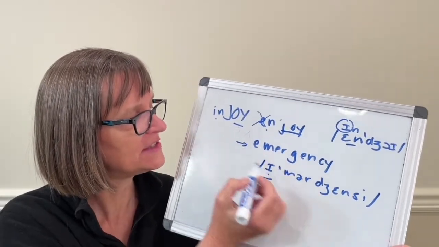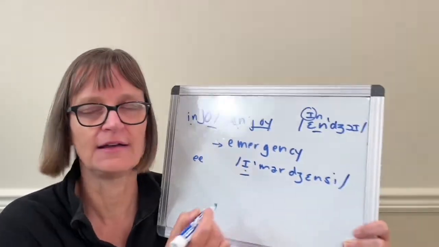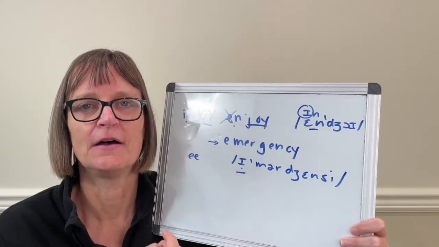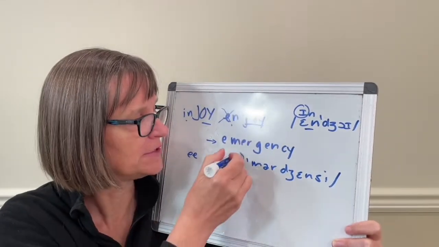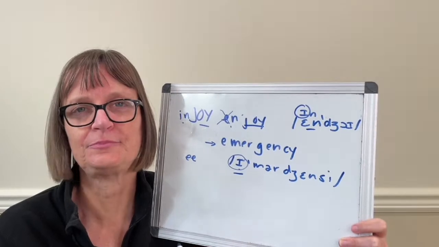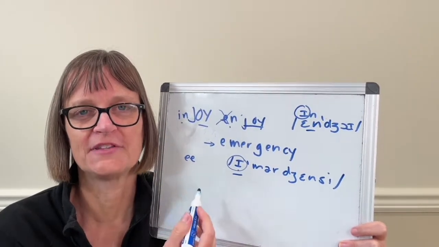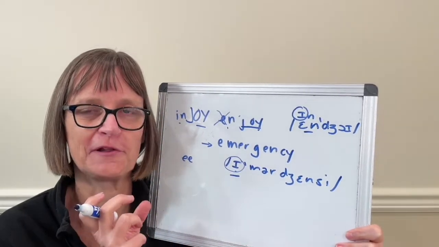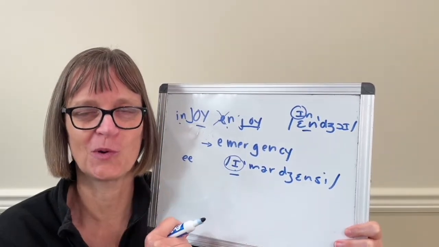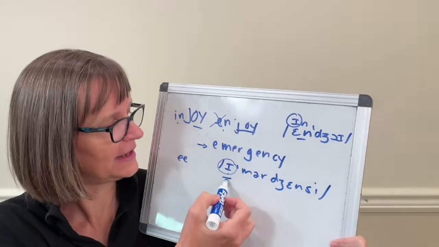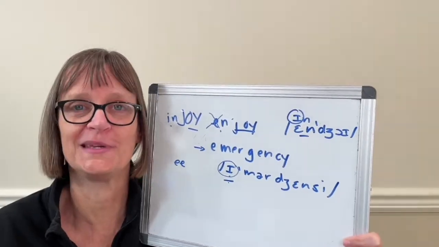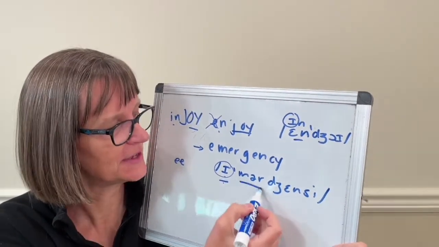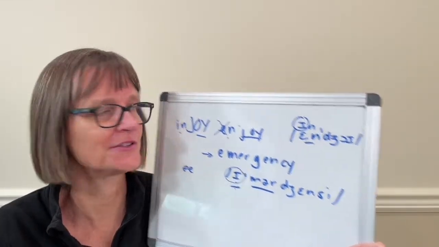In a sentence, I would never use that E. I wouldn't say it's an emergency. It's an emergency. I'm going to have that reduced I sound instead. Again, by itself, emergency, if I have a little bit of a clear E there for just the word, that can happen. More likely, though, in real speech, in the real pronunciation, you're going to have that reduced I sound because the mer syllable is what's stressed.